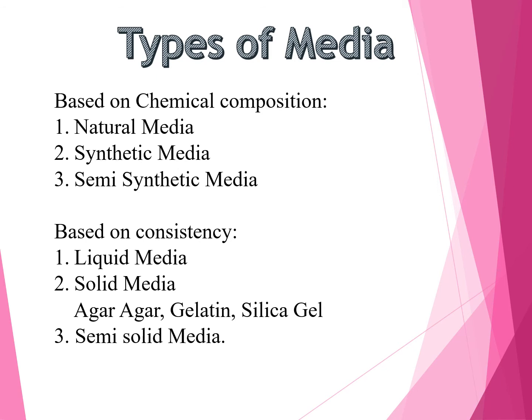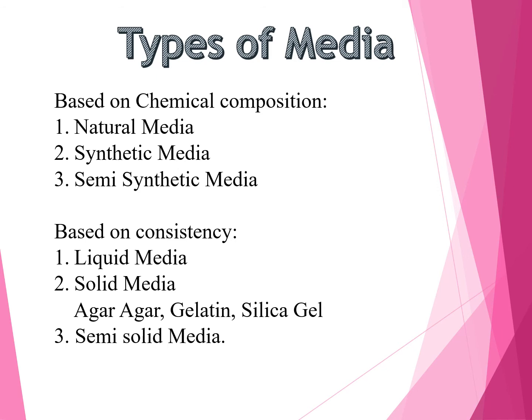What is the difference between a liquid media and solid media? A liquid media, also known as broth, lacks agar or the solidifying agent that is present in a solid media. I have mentioned different types of solidifying agents such as agar-agar, gelatin or silica gel.